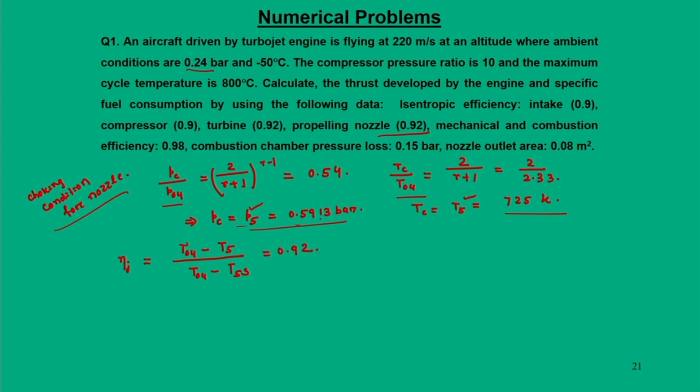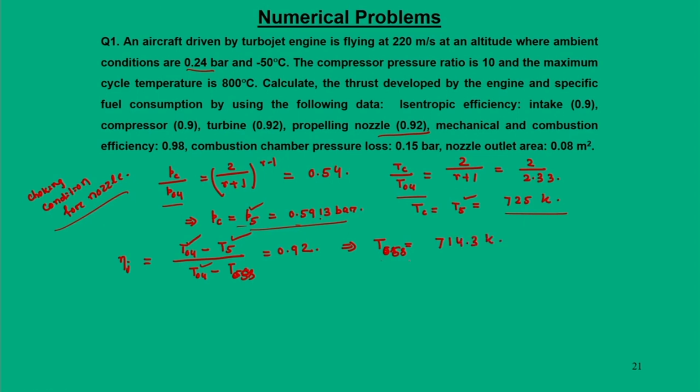We know T04, we know T5, okay. So this will give you T5s, or T05s, as 714.3 Kelvin.